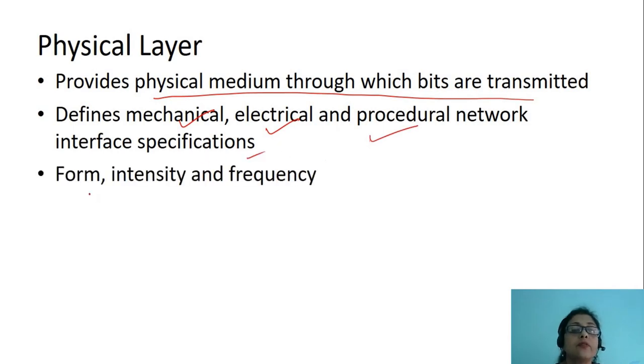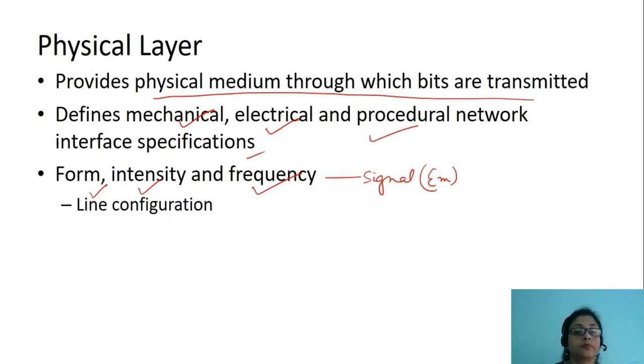It gives the form, intensity, and frequency of converting the bits to signal. It converts the bits to an electromagnetic signal, to be passed through the transmission medium so that it is compatible with it for easy transmission.